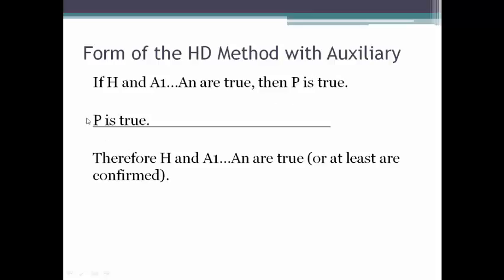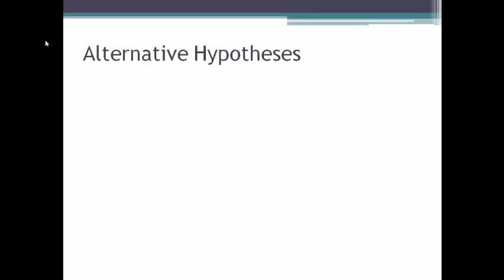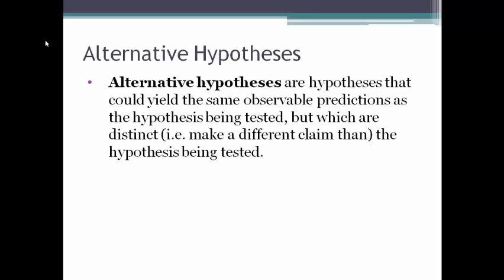Then if we collect observational data that tells us, look, P is in fact true, then you conclude, therefore, H and A1 through AN are true, or, if you want to be more exact, they're at least confirmed by the data, inductively supported. Something else we need to keep track of, in addition to auxiliary hypotheses, are alternative hypotheses.